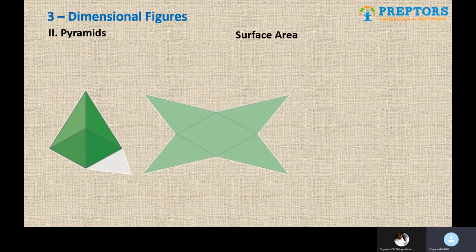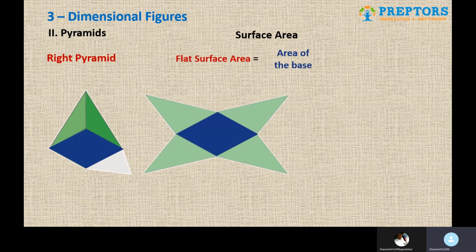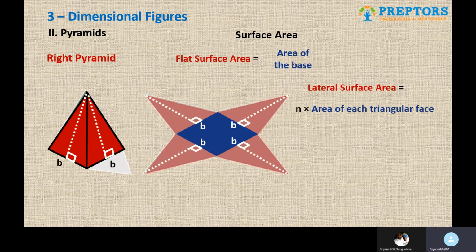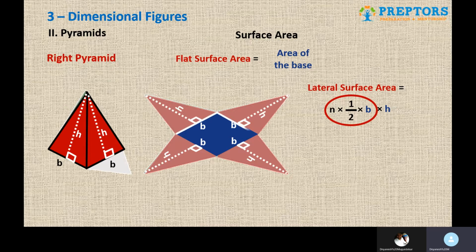Then there are two more formulas as usual: surface area, which will be of two types, flat surface area and lateral surface area. Suppose as an example we consider a right pyramid. So flat surface area is the area of the base only, and lateral surface area is the walls that are around. When you calculate that, it turns out to be n into the area of each triangular face, and that turns out to be semi perimeter into slant height.